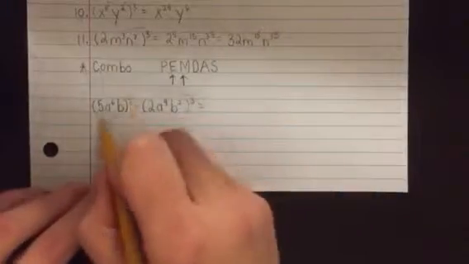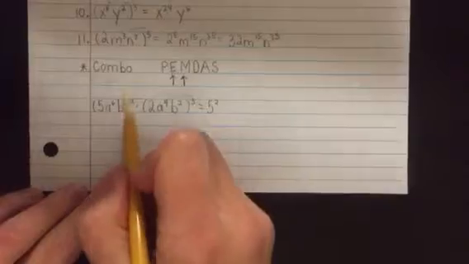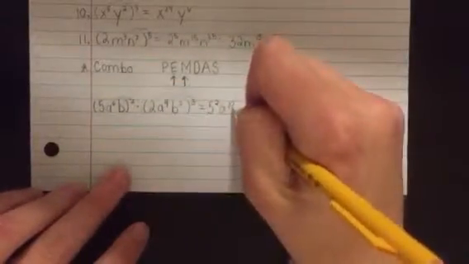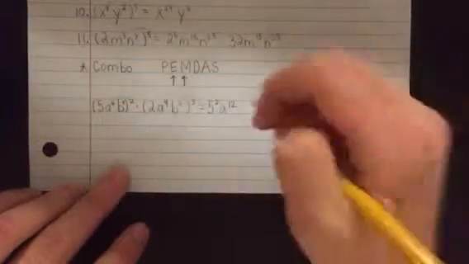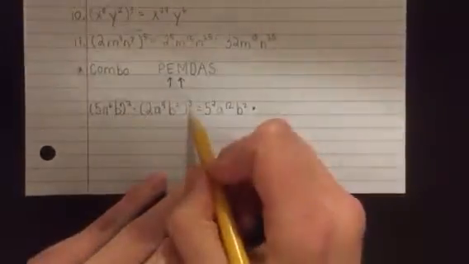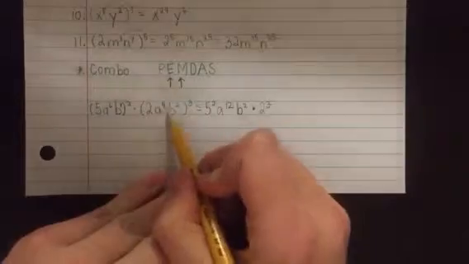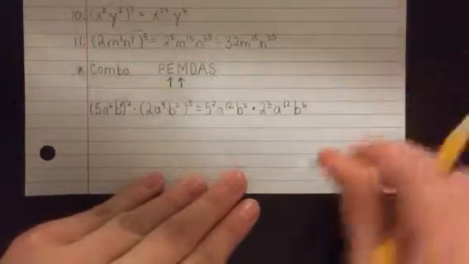Okay, so this means 5 squared. And then when I multiply, I get a to the 12th. And remember that there's an implied 1 here, and 1 times 2 is 2. So b squared times 2 to the 3rd power. When I multiply here, a to the 12th, b to the 6th.